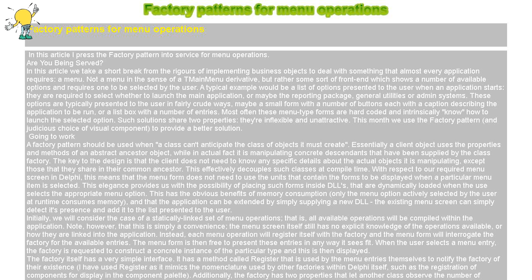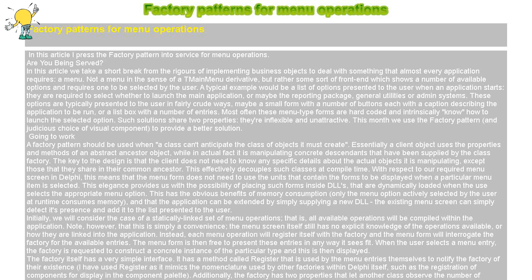Going to work, a factory pattern should be used when a class can't anticipate the class of objects it must create. Essentially, a client object uses the properties and methods of an abstract ancestor object, while in actual fact it is manipulating concrete descendants that have been supplied by the class factory.